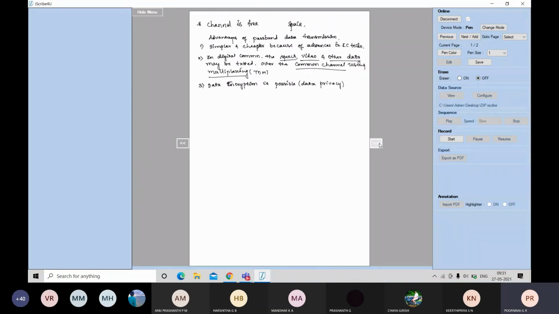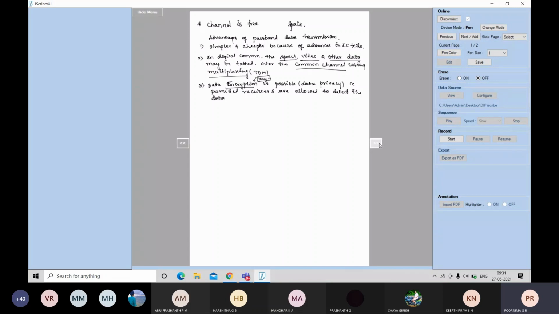So what exactly does data privacy mean? It is only the permitted receivers that are allowed to detect the data, because once the data has been encrypted, there will be some additional keys, means additional bits like keys, that we add at the transmitter side.